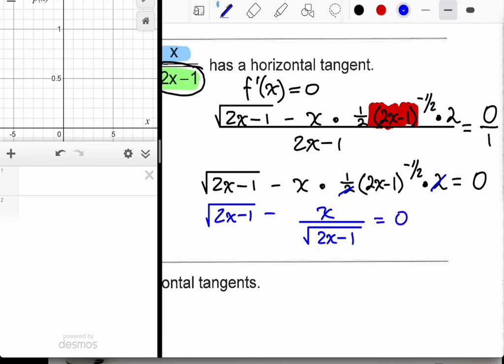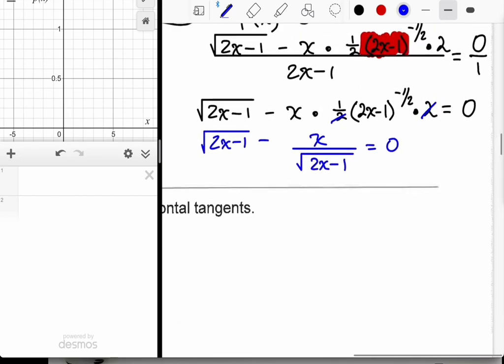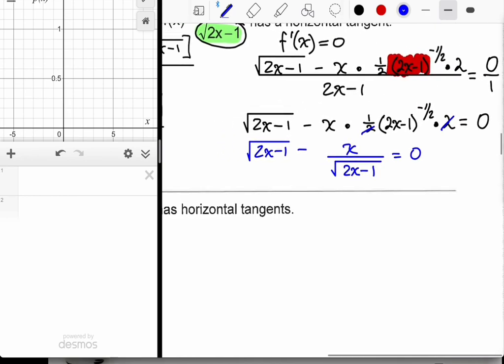All right, because remember, fractional exponent, so an exponent raised to the 1/2 power, is going to give you a radical, just an ordinary square root radical, but because it's negative, it goes to the bottom of the fraction. All right, so then I'd have to solve this. Well, I can add this ratio to the other side, so I'd get the square root of 2x minus 1 is equal to x over the square root of 2x minus 1.